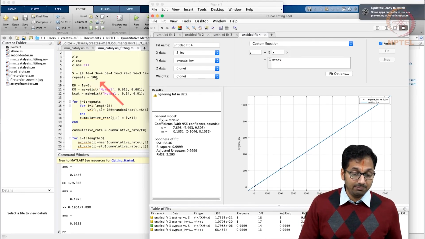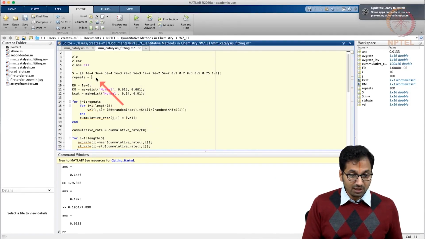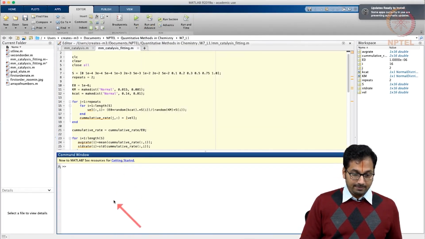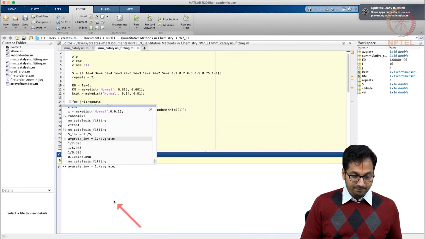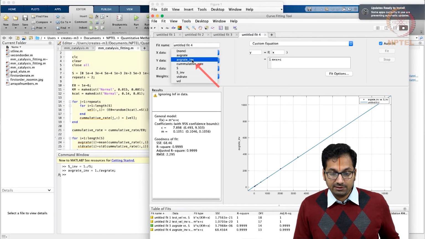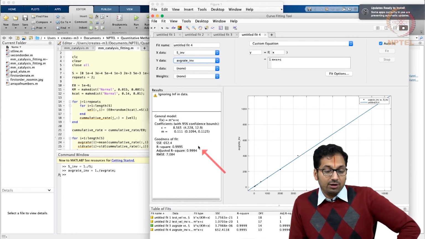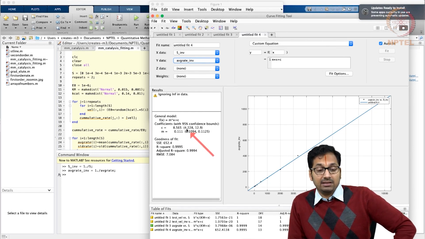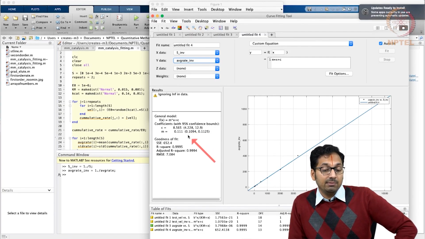Why don't we repeat the same linear plot with just 2 repeats? We can generate this the same way, and then let's try to fit this average rate, and here you are able to realize that it starts to go much farther away. The range of this intercept that we got previously was somewhere between 6 and 9, and now we are getting between 4 and 13, so it starts to get extremely poor.